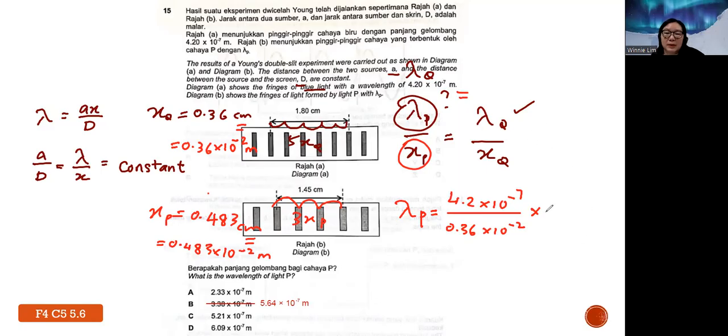So your xp is 0.483 times 10 power -2. Whenever you want to divide something that has this times something, bracket it, make it a habit. So you press your calculator, you're supposed to get 5.64 times 10 power of -7. So this is how we get the answer lah.